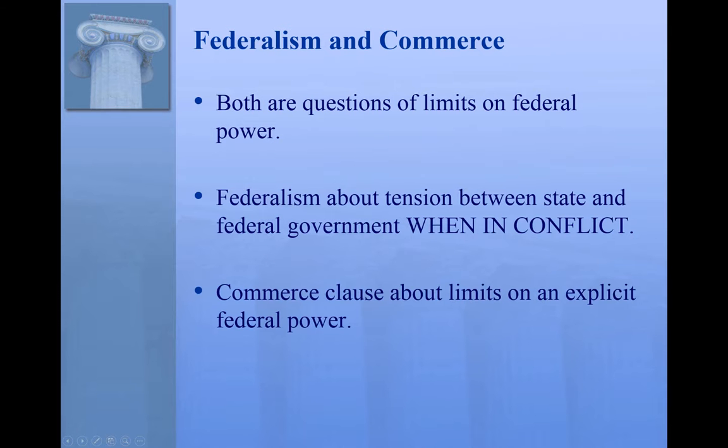But the commerce power is simply about limits on federal power and whether the federal government is using its power appropriately to regulate an individual transaction or whether it's encroaching on the state power to do so.